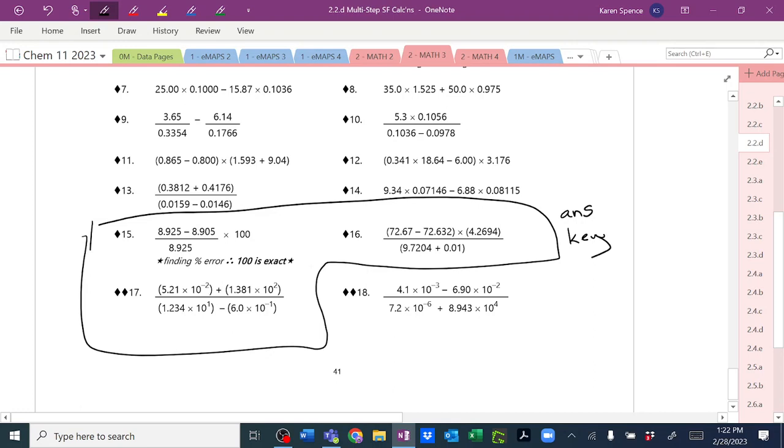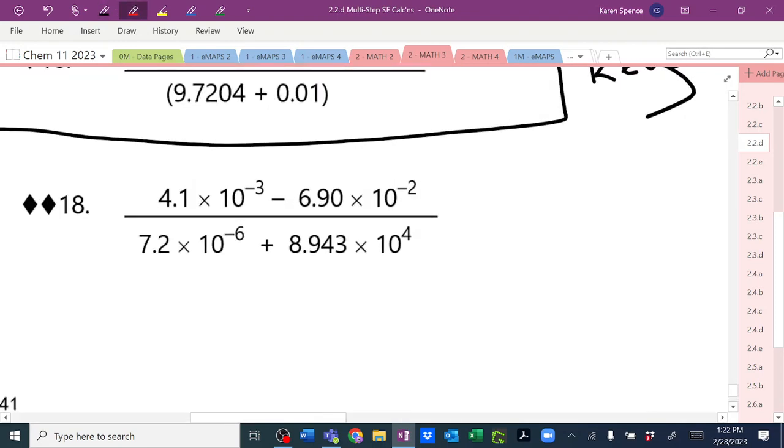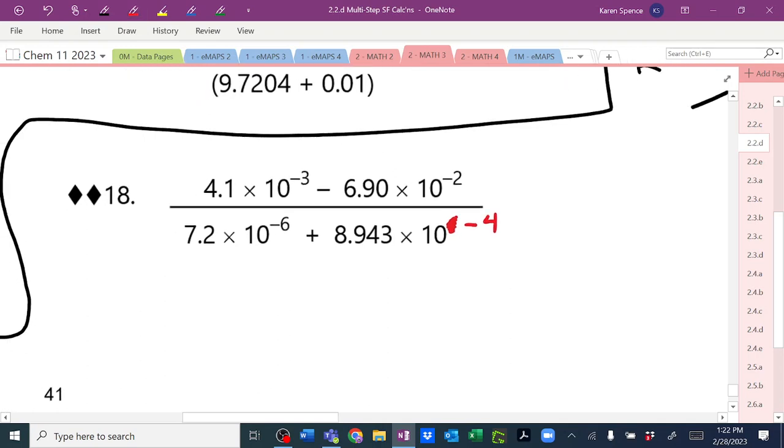Where would you go to find the correct answer? Go on Teams, okay? And for this one, it's actually the question that's wrong. If you want to correct this one right away, you can just go to question 18. That shouldn't be a positive 4, it should be a negative 4. Okay, that's on page 41.